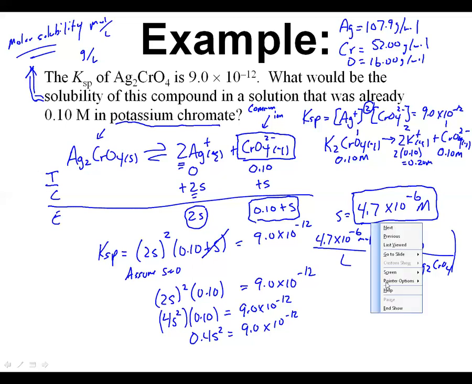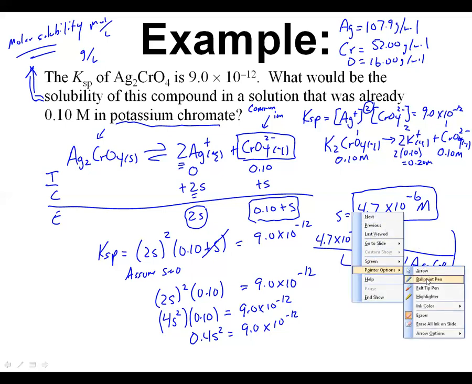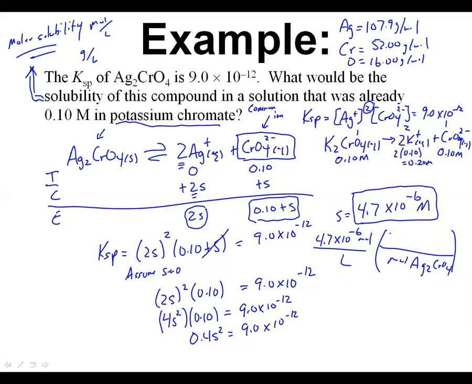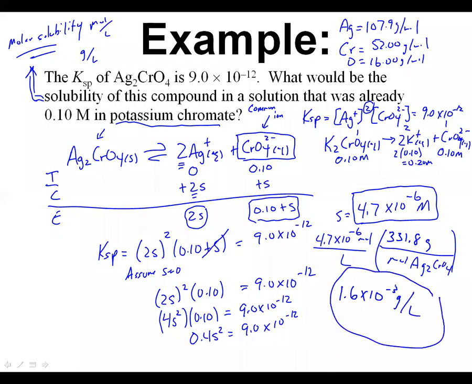So it actually should be more like 331.8 grams per mole, times our 4.7 times 10 to the minus 6, gets us something like 1.6 times 10 to the minus 3 grams per liter would be the solubility of this compound in that solution.